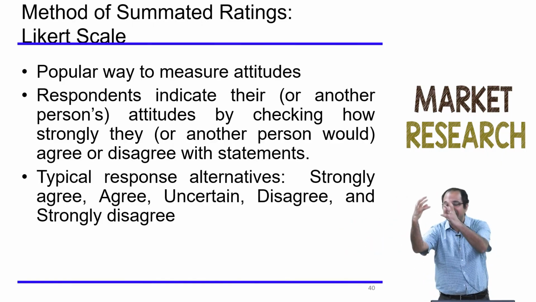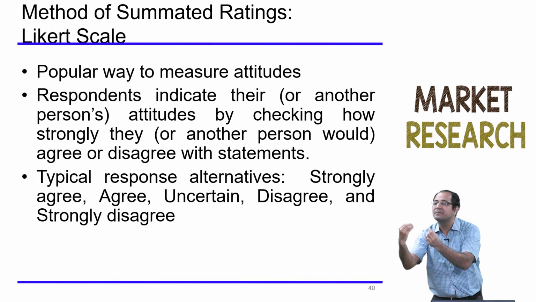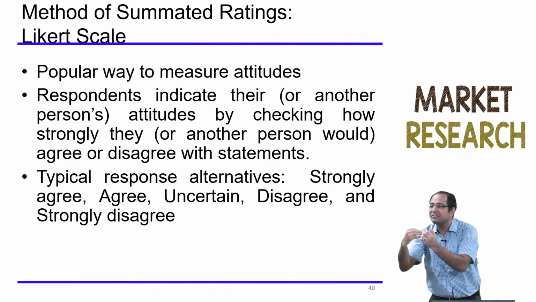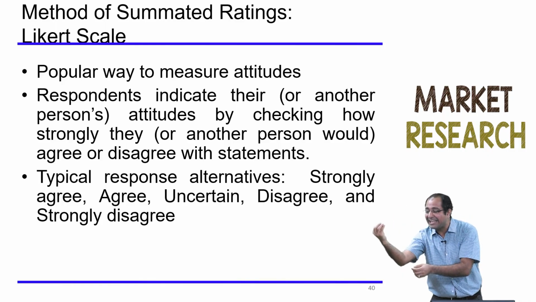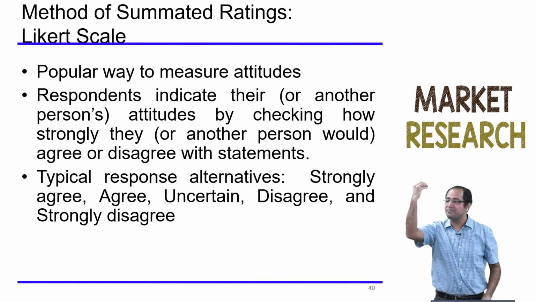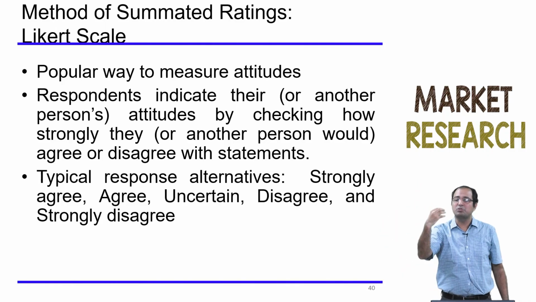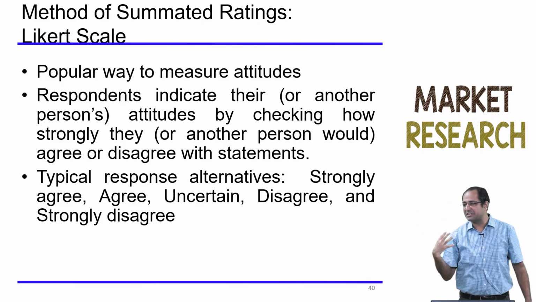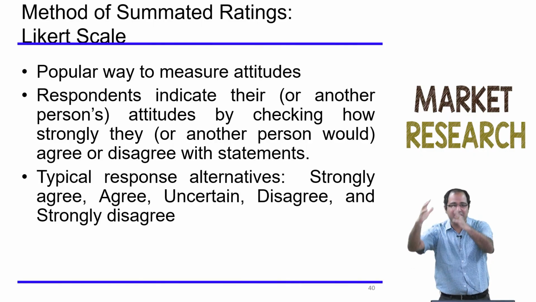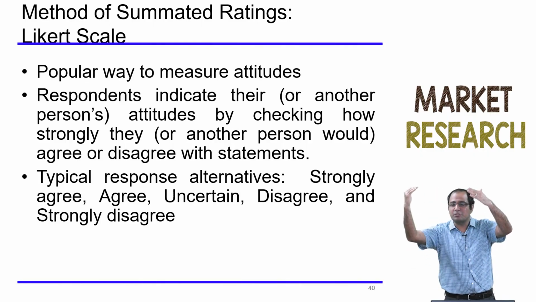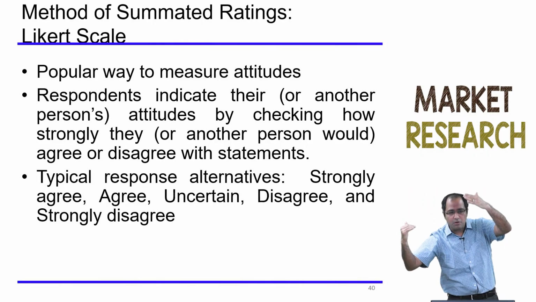So when I use multiple statements to measure a concept, that becomes a Likert scale. Otherwise it is a Likert item, and you can measure the same concept through either one statement or multiple statements. When you are using multiple statements, you will take the average. Let's say 5 statements are there, and you have scores 5, 4, 4, 4, 4.